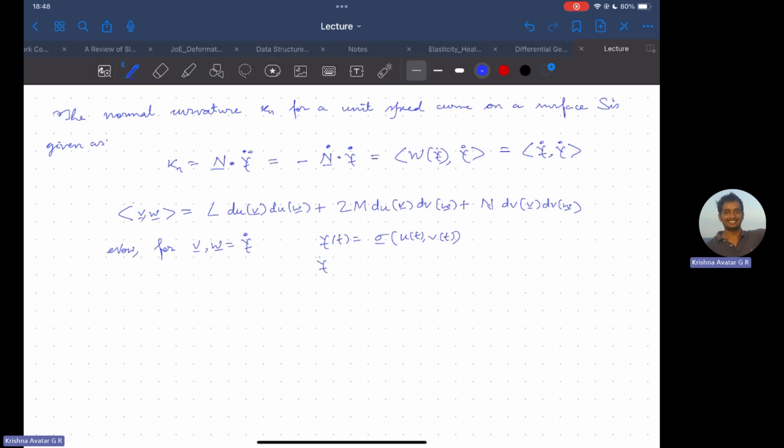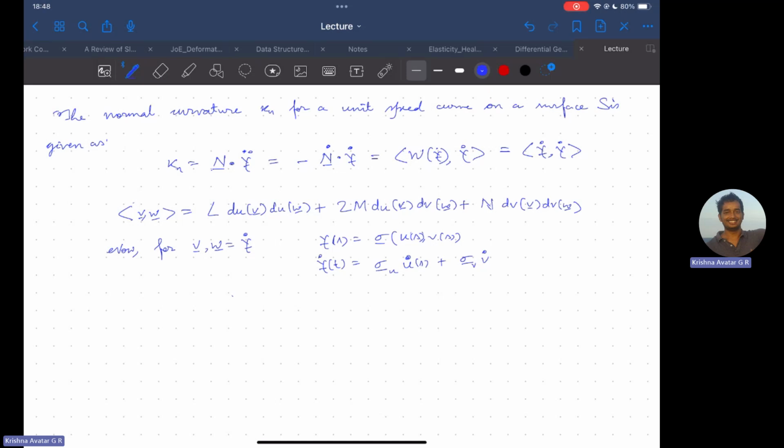So gamma dot vector, I should say s here because we meant a unit speed curve, right? So we'll have sigma u u dot of s plus sigma v v dot, right? We use the chain rule here.